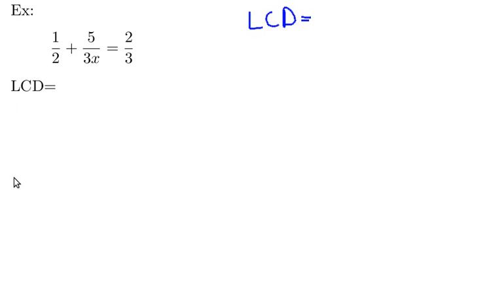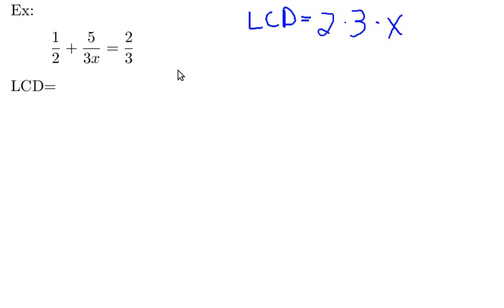It's going to have 1/3. I don't know why I started with 3. Let's start going from left to right. It's going to have a 2 in it, because there is a 2 here. It's going to have a 3 in it, because there's a 3 here. It's going to have an x in it.